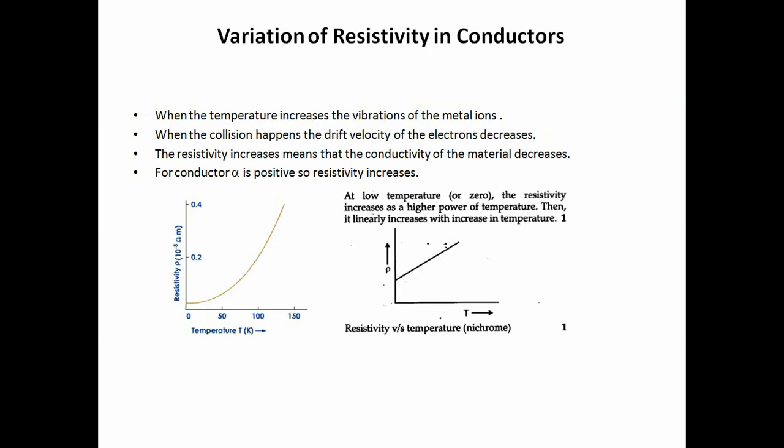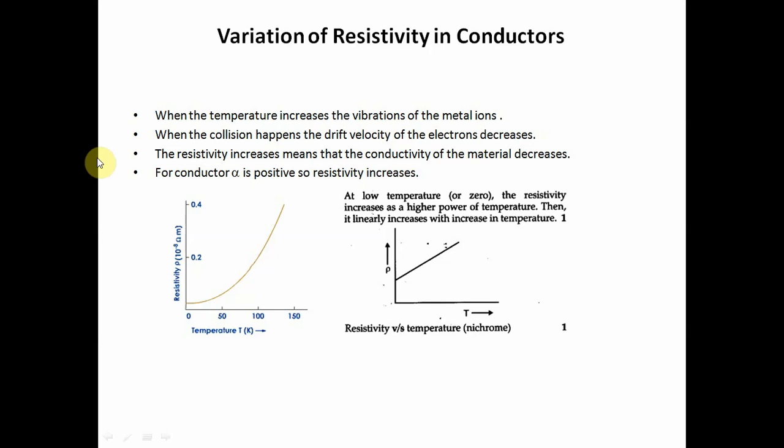As we know, when temperature increases, the molecules and ions present in a conductor gain extra kinetic energy, and due to this extra kinetic energy they start vibrating, and due to vibrations what happens?